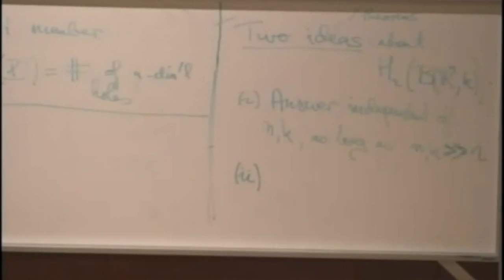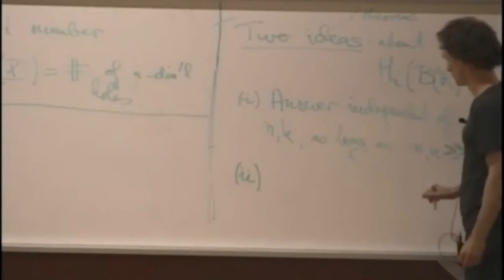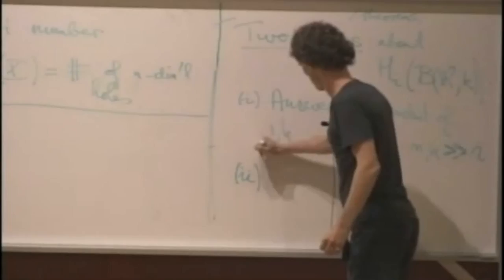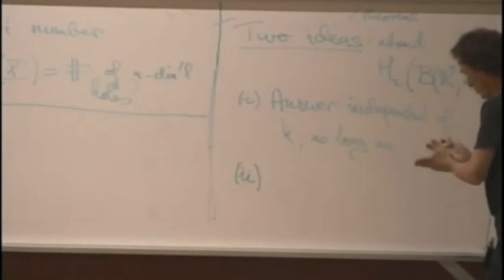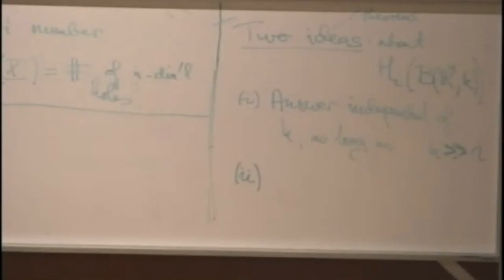And the second idea / theorem is that whatever the answer is, in the range where it does not depend on n and k, it's the same as some other space. Actually, it's even true if I raise the n here. So it's independent of k as long as k is big compared to n.